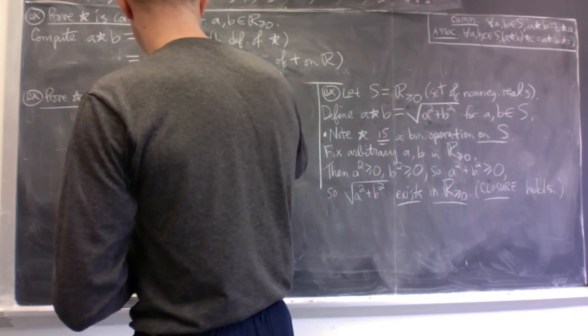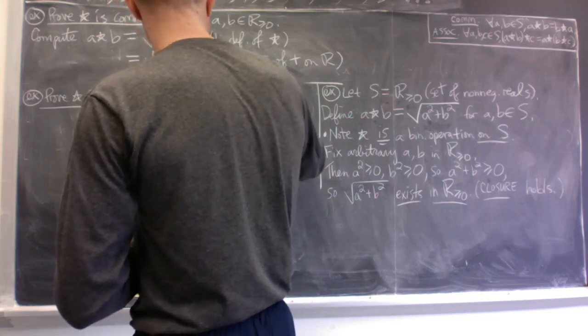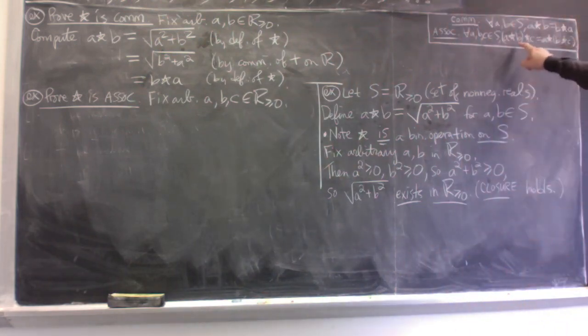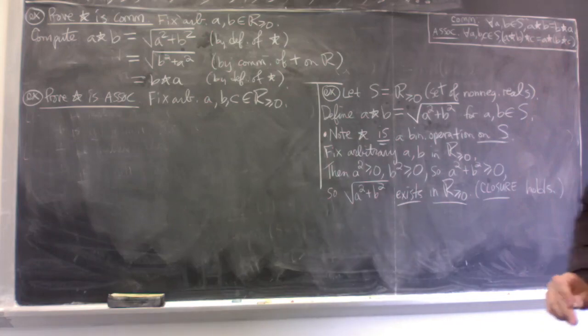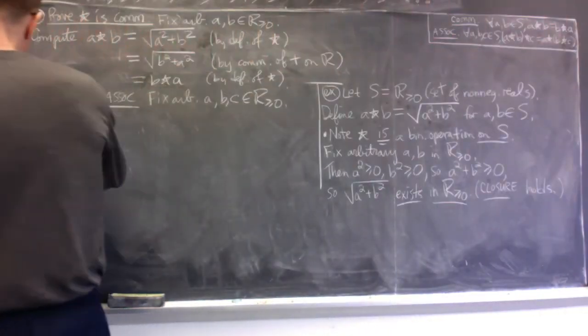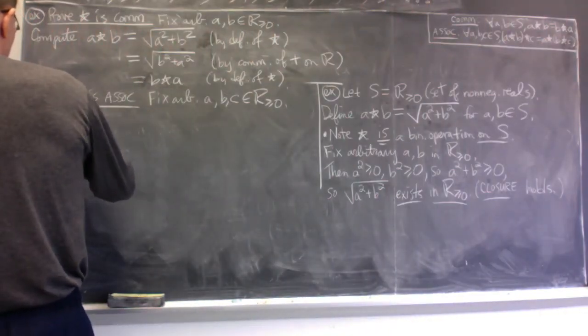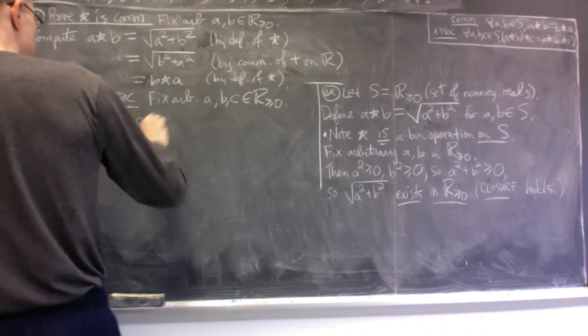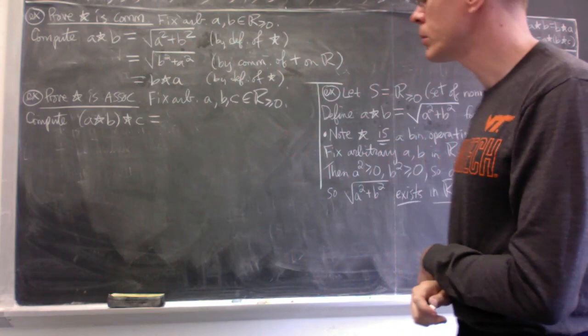This time we'll fix arbitrary A, B, C in the set, reals greater than or equal to 0. And you can calculate each side separately and then see if they're equal. Taking very careful note of where the parentheses are. And doing one step at a time.